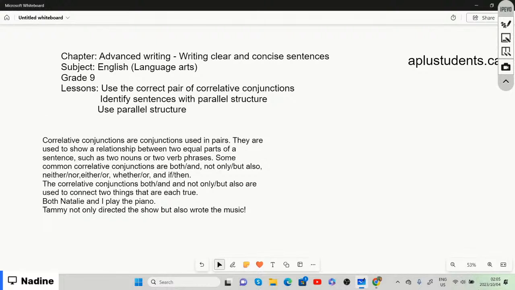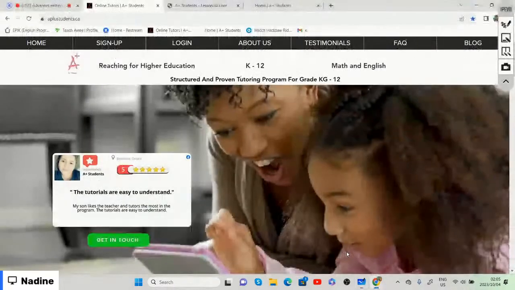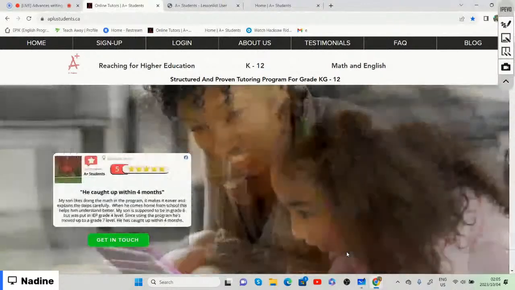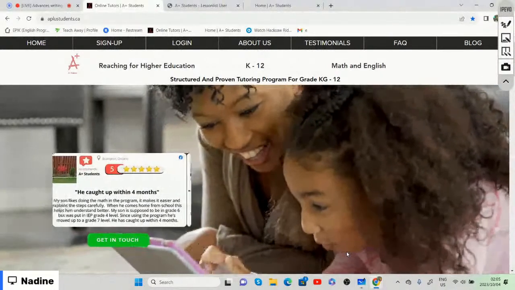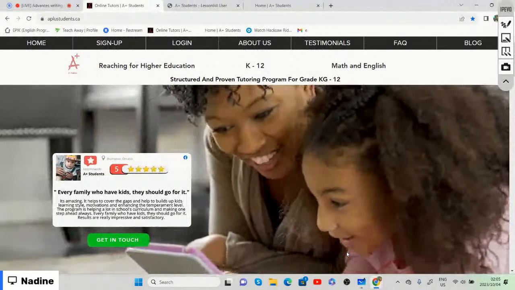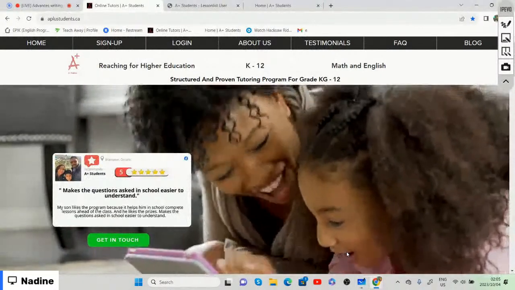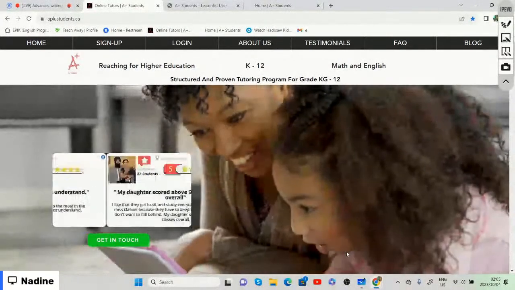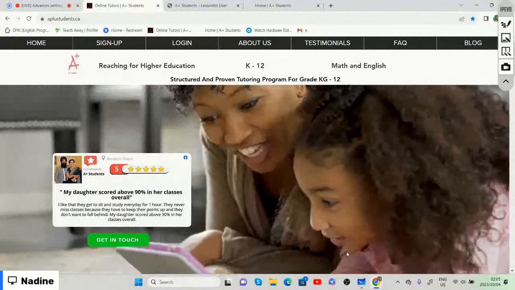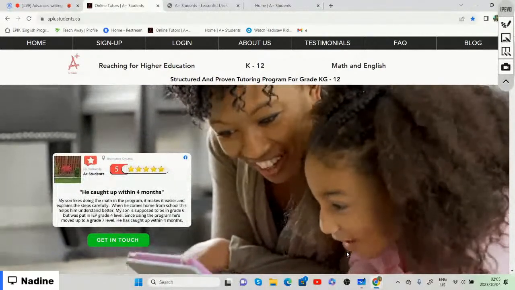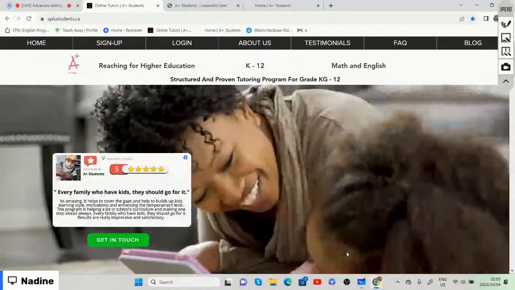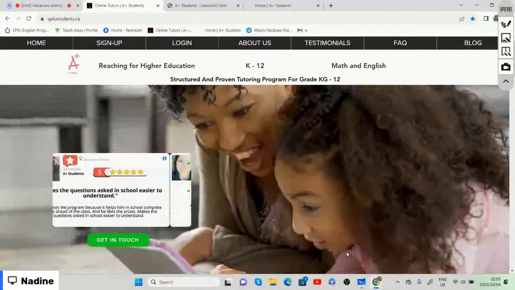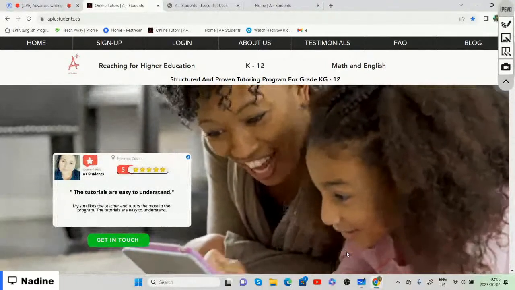But before we do all of that, you're going to log into aplusstudents.ca. Once you've logged into aplusstudents.ca with your username as well as your password, we are going to select the subject of language arts, and then we go to grade 9.